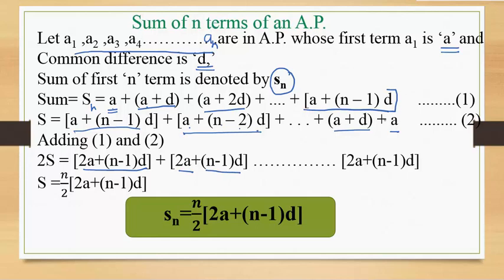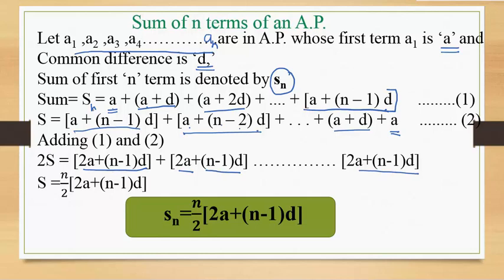Similarly, the last term, that is a plus n minus 1 d, when we add a in this, will become 2a plus n minus 1 into d. Means all terms will be the same, that is 2a plus n minus 1 into d.